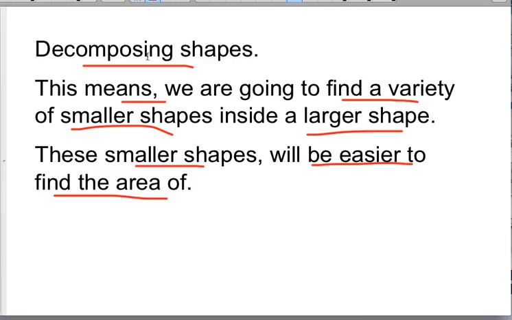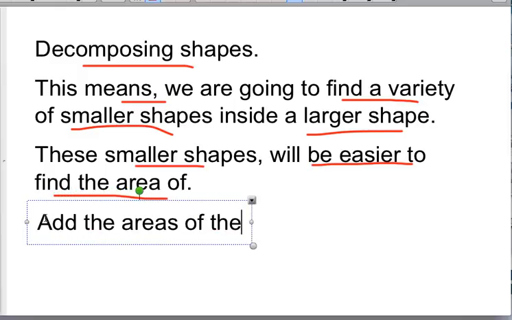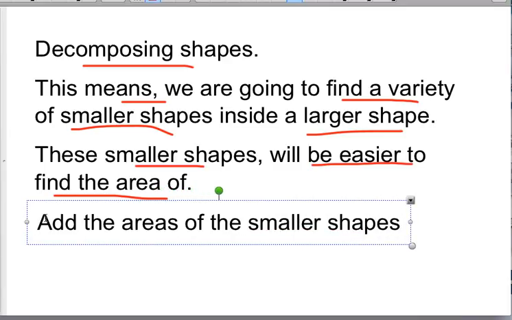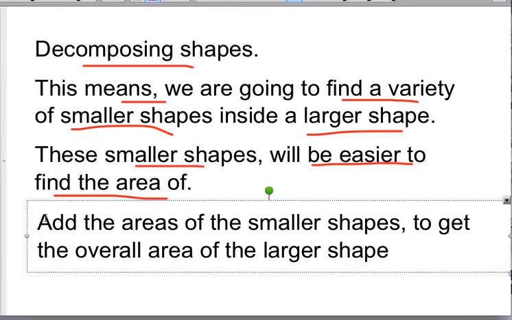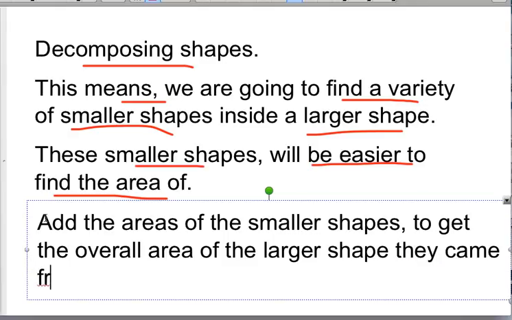And then all we have to do is add the areas of the smaller shapes to get the overall area of the larger shape they came from. Okay? So there you go.